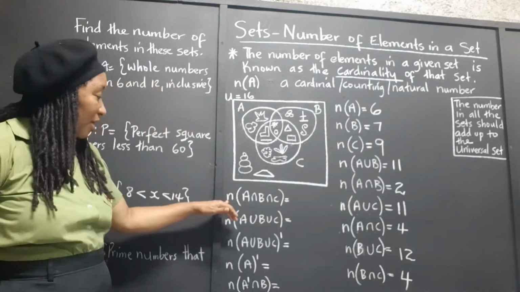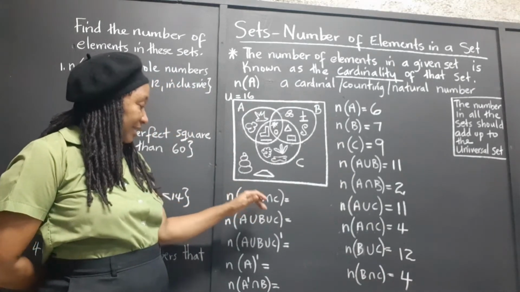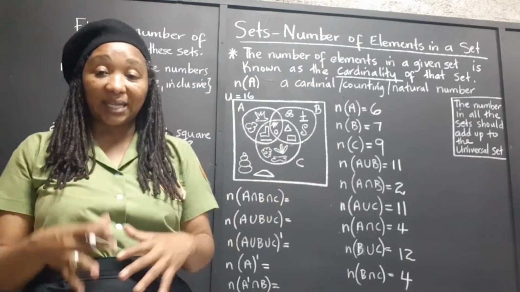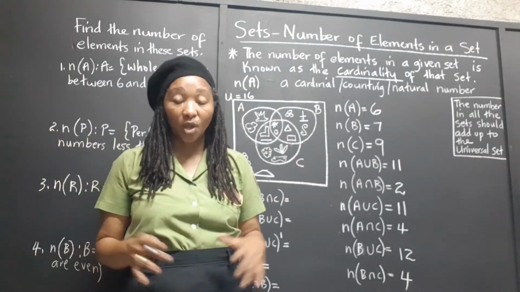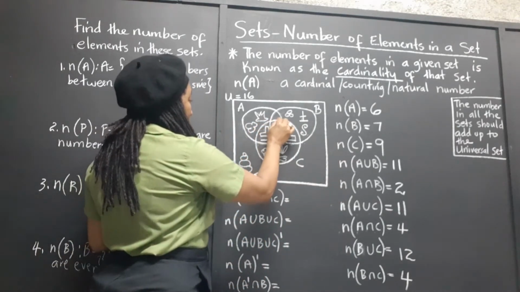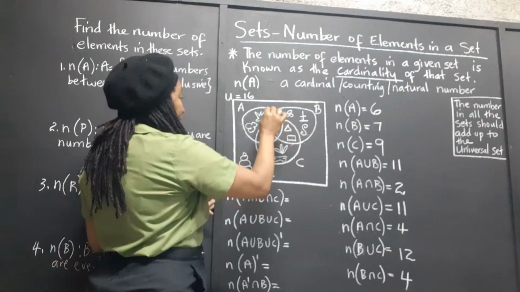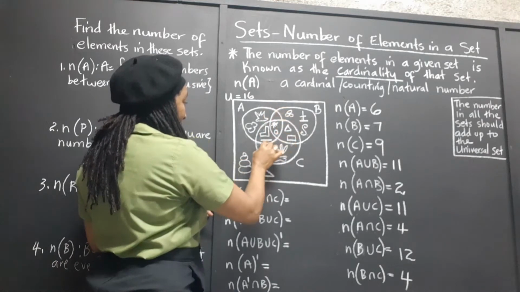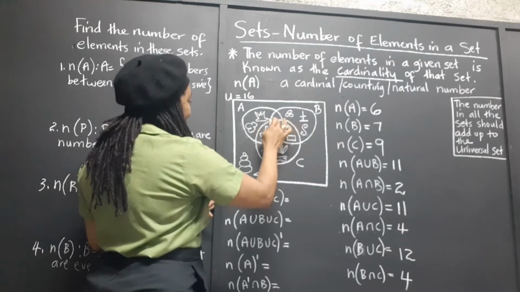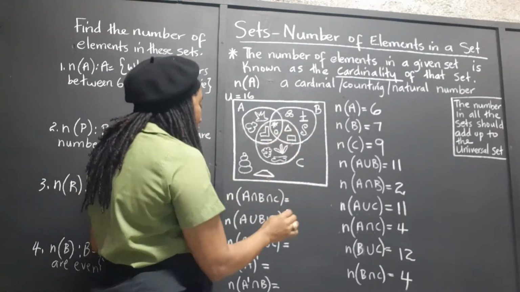Now we want the number of elements where A intersects B intersects C. So where the 3 sets overlap. All 3 circles overlap. So that's in here. Because we have A and B and C. So right in the middle here, that's 2 elements.